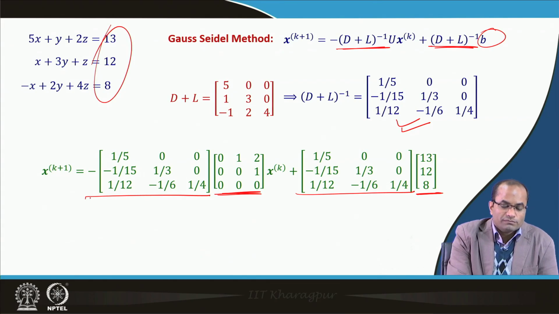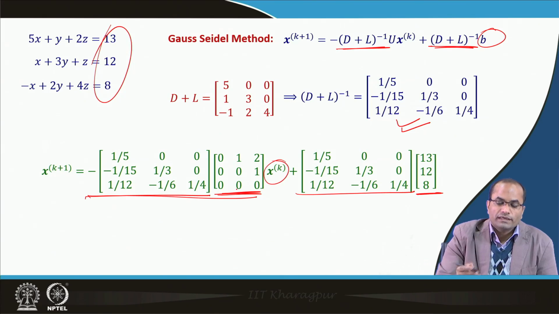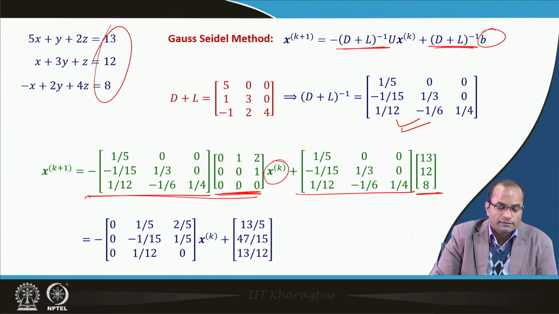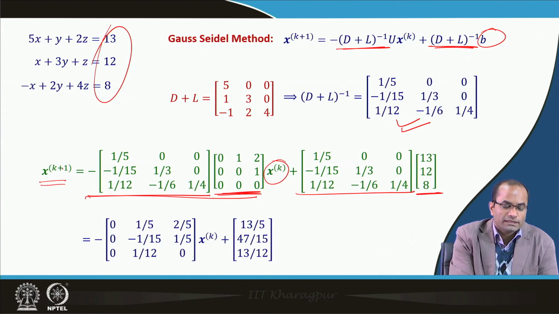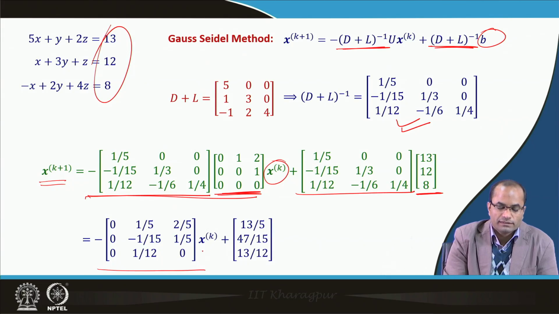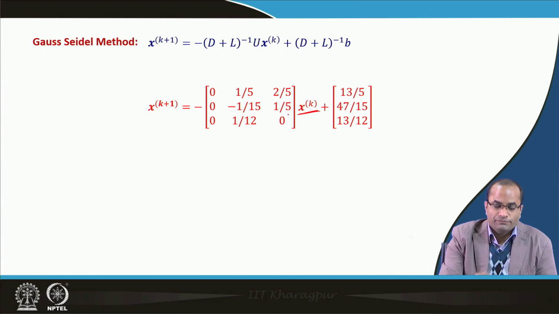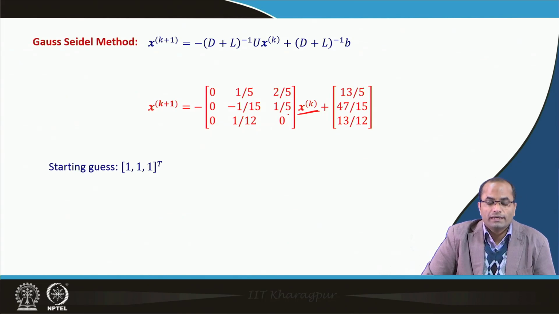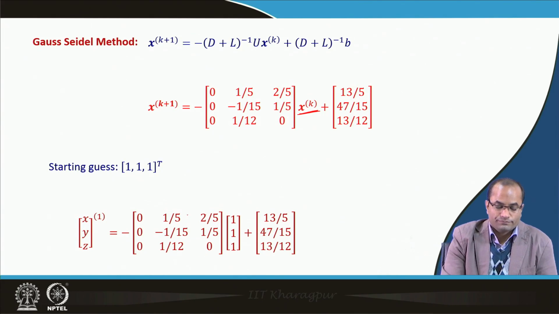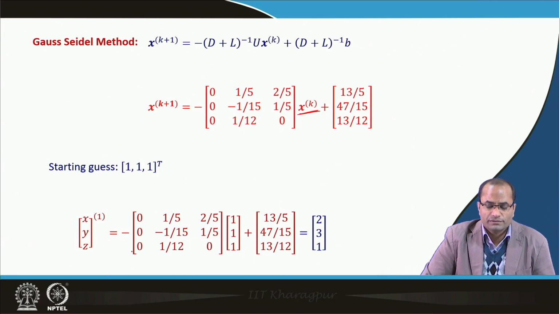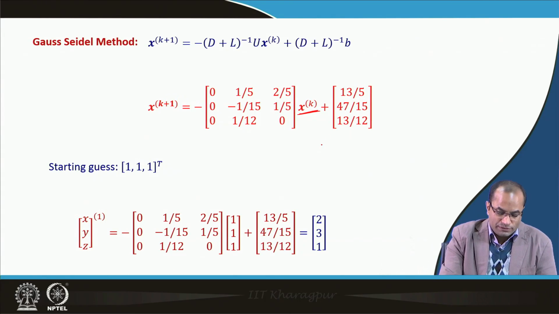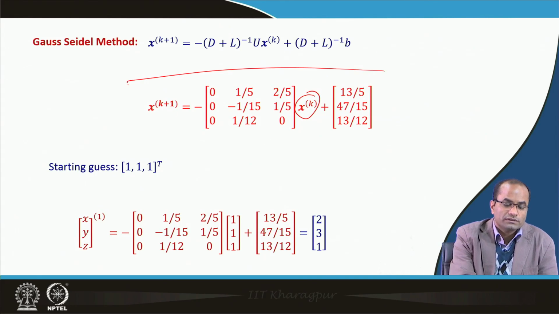And then we need to just multiply this one, x0 we can take 1 1 1, and so we have this iteration scheme that x k plus 1 is equal to this matrix multiplication with this vector plus this vector, and if we plug this initial guess here, for instance 1 1 1, and do this evaluation, we will get 2 3 1.